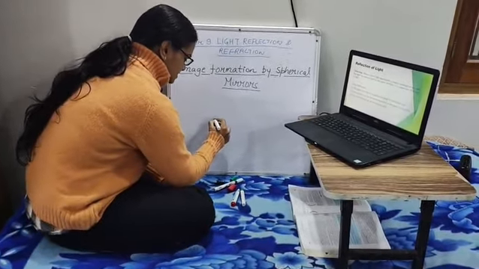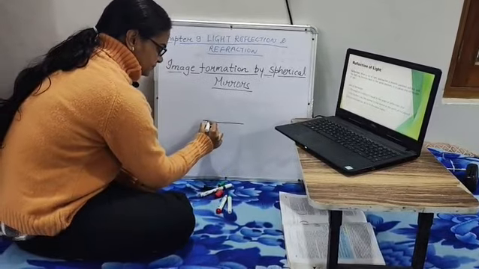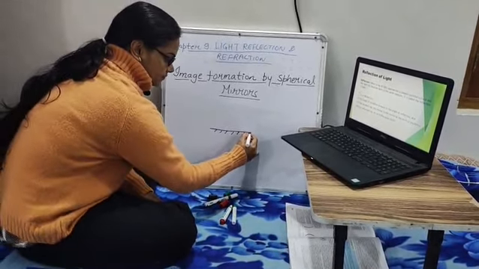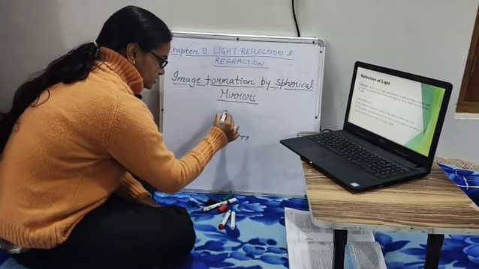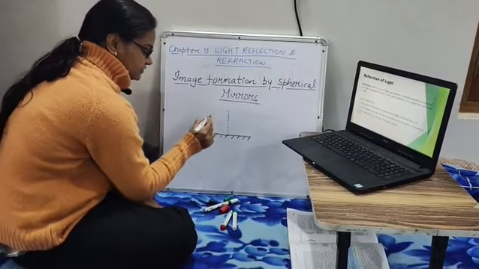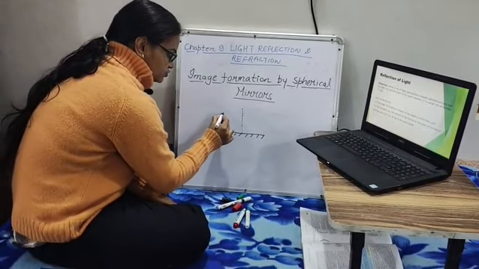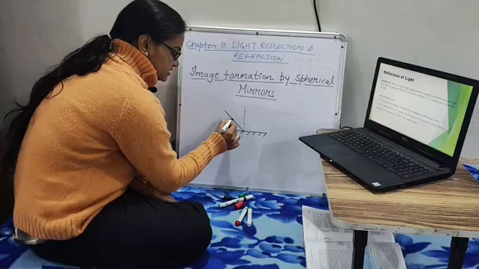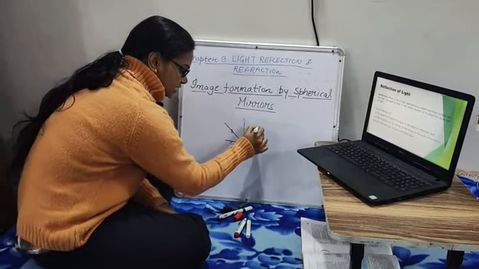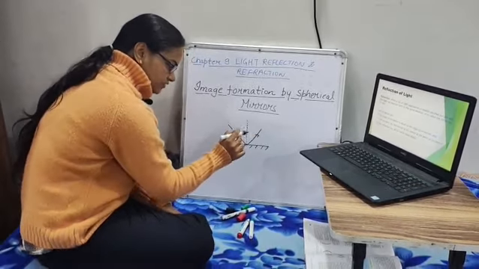So here we will see this is the reflecting surface. This is the line normal to the reflecting surface. The first law says this is the incident ray. So the ray of light is reflected back in the same medium. This is called reflection.